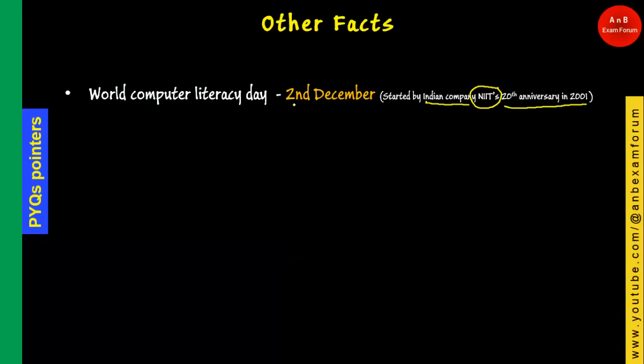So 2nd December is World Computer Literacy Day. Their main aim was that all the people in the world have computer literacy. This initiative was started by an Indian company on their 20th anniversary in 2001.